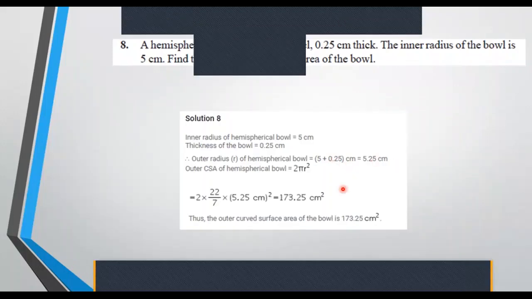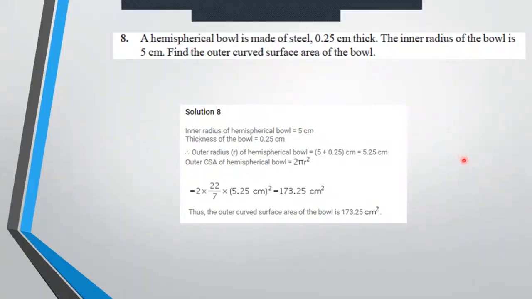Surely this is wrong, the calculation is wrong. Check the calculation. Done, all of you? Yes, ma'am, 1 second, ma'am. Okay, do it.